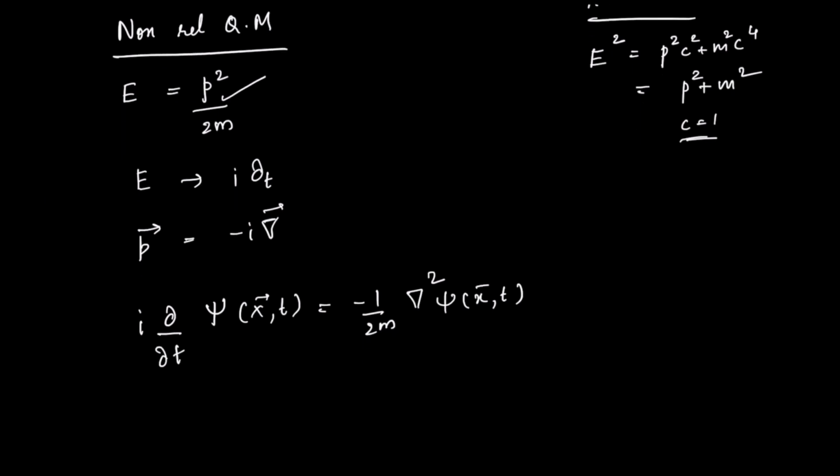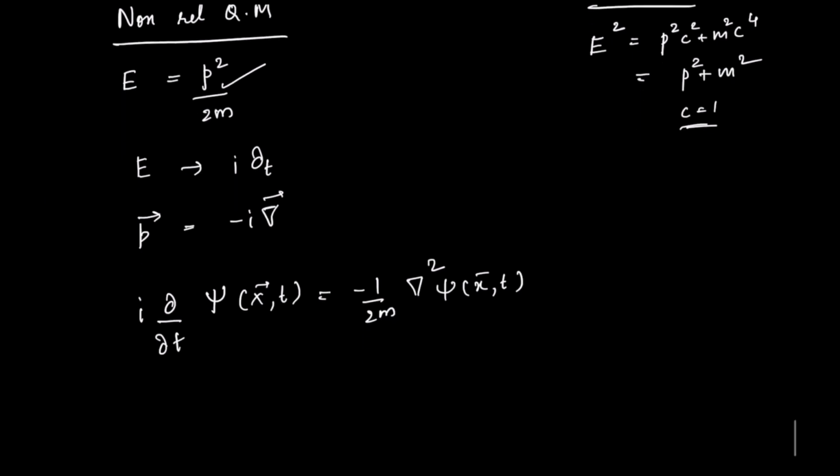Here if I substitute the operators, then I get minus d squared psi by dt squared equal to minus del squared psi plus m squared psi.